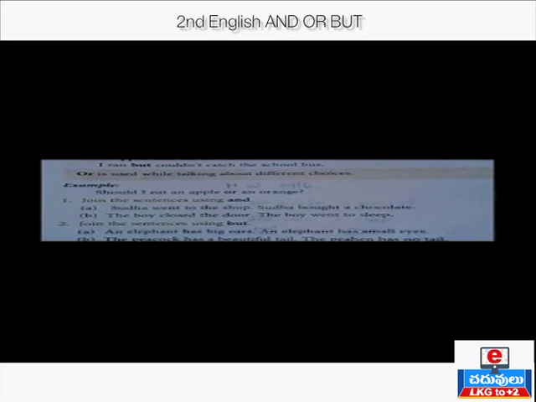Sudha went to the shop and bought a chocolate. Next. B. The boy closed the door. The boy went to sleep. How will you write this sentence? The boy closed the door and went to sleep. You should not write and the boy. You should write only and went to sleep. The boy closed the door and went to sleep. Okay?